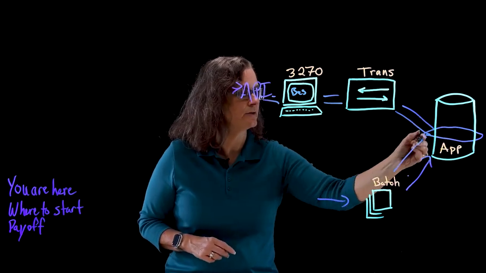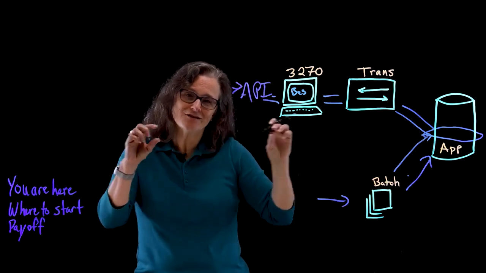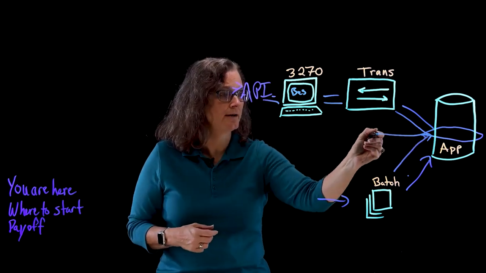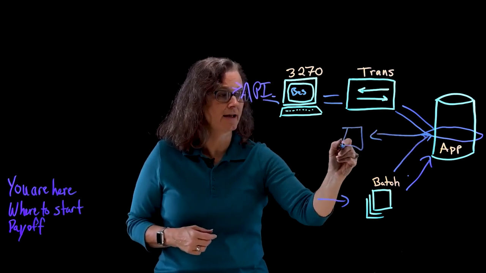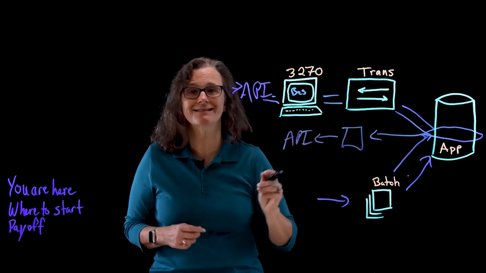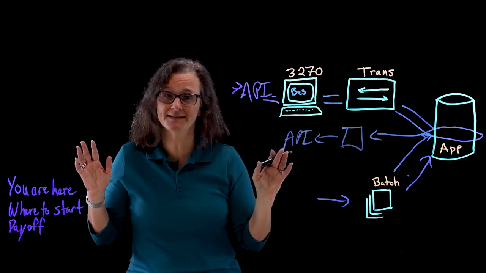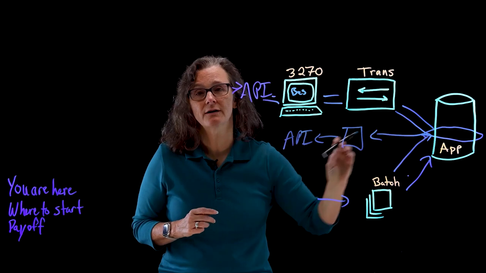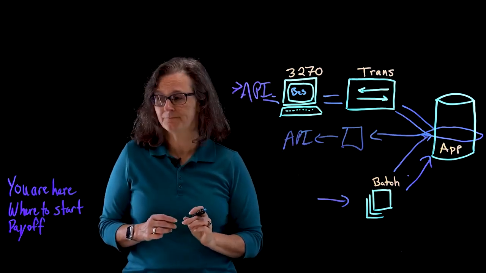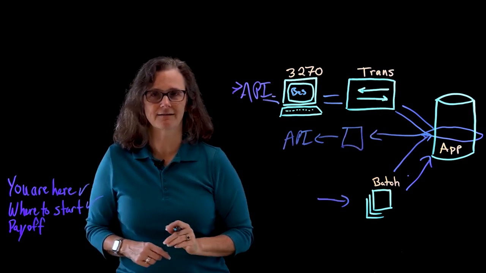And is there an appropriate piece from this side as well? And you can take that stream and pull it out of the existing code. And now I can have a new COBOL application that's exposing this exact same API, so I can use whatever automated testing I have to make sure that I'm building the function in a streamlined way. So that's where we are today and a little bit about where to start.